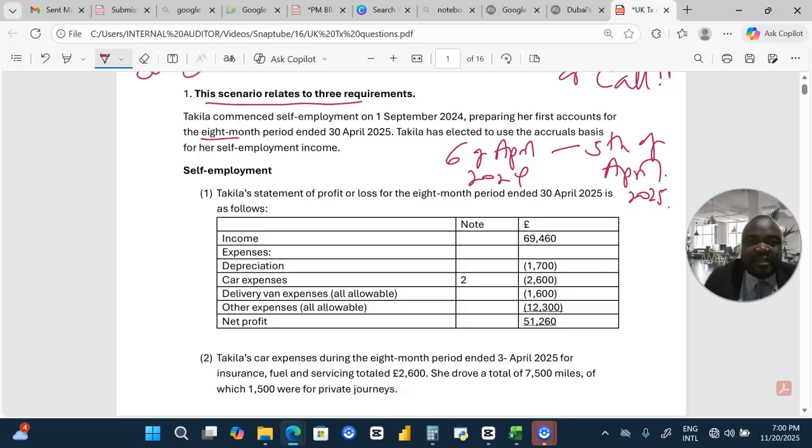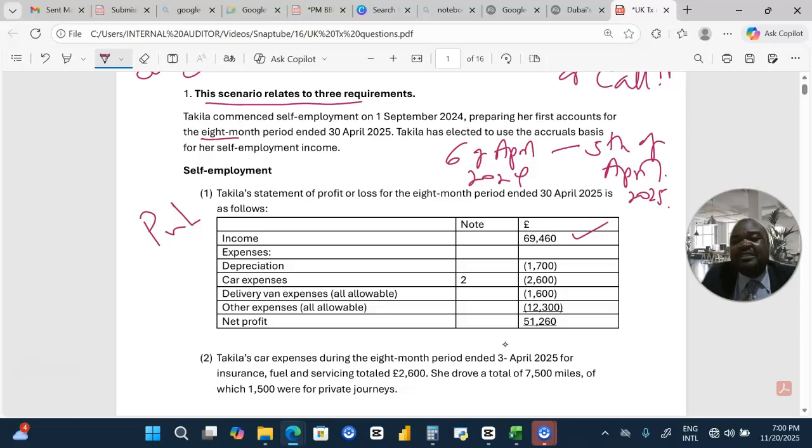Paragraph 1. Taxable statement of profit or loss for the 8 months period ended 3rd April is as follows. So we are given the P&L, the profit or loss information, and there is income there, and it is on this income that we then have to worry about taxes.